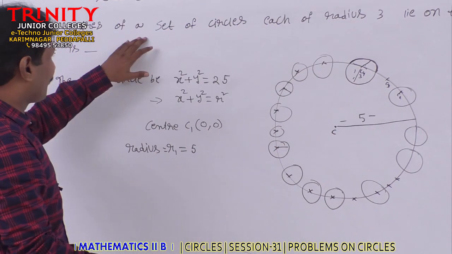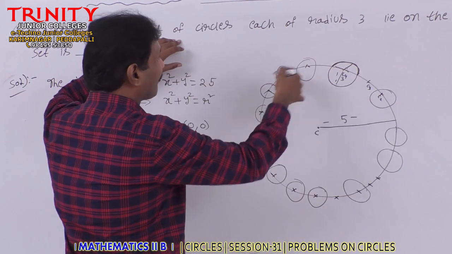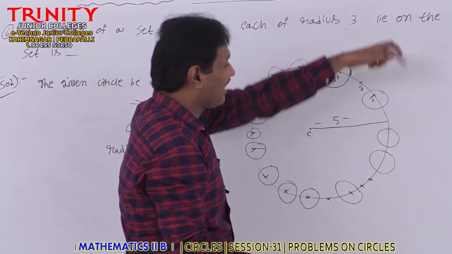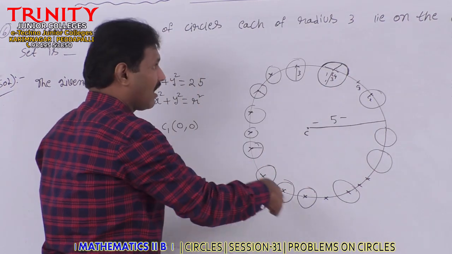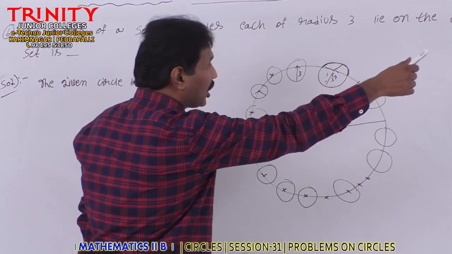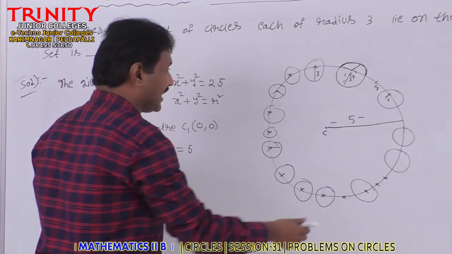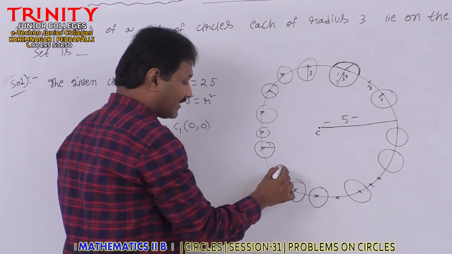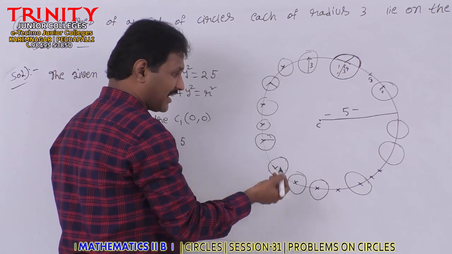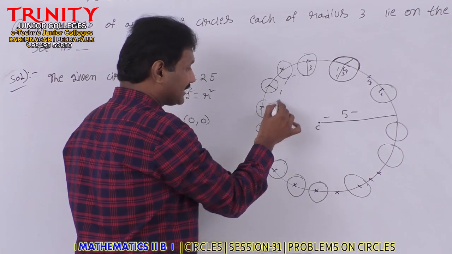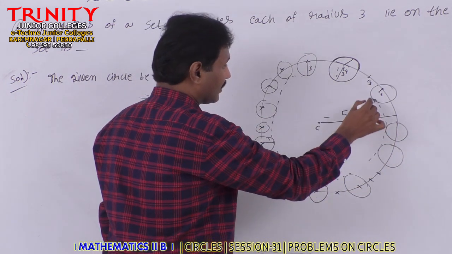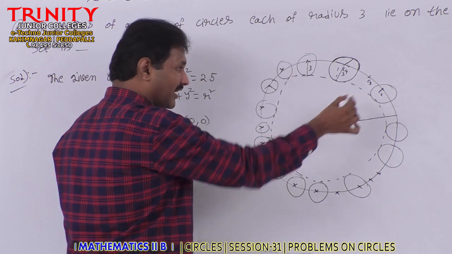The centers of the set of circles, each of radius 3, lie on the circle. The locus of any point on the set is... the point lies here. This is one of the required circles.